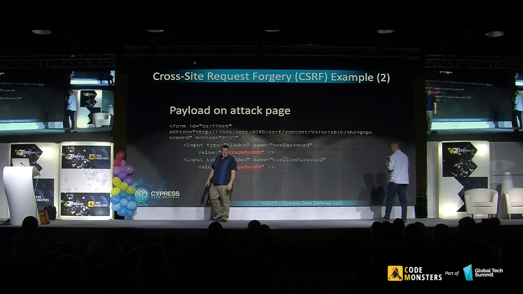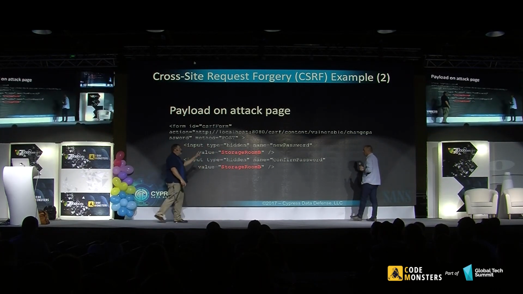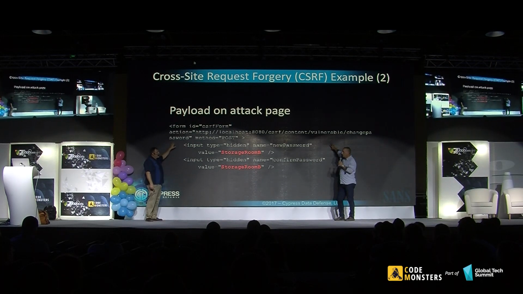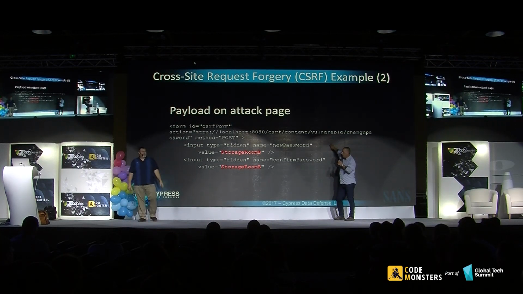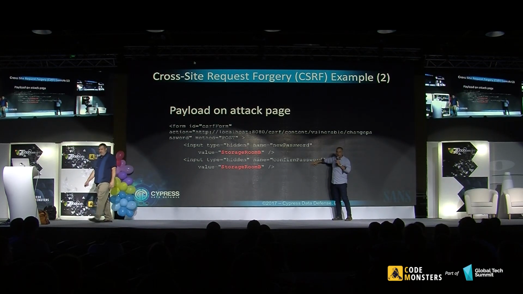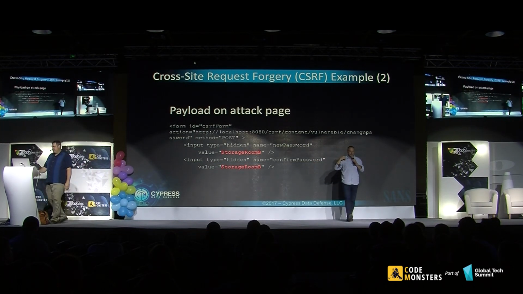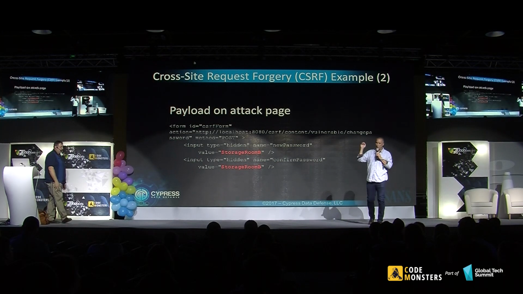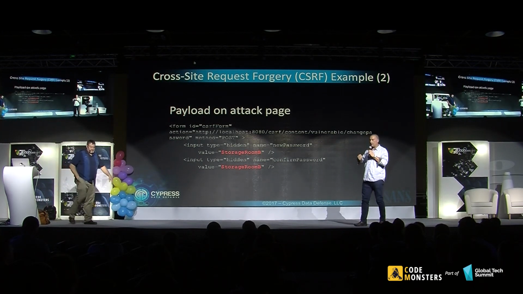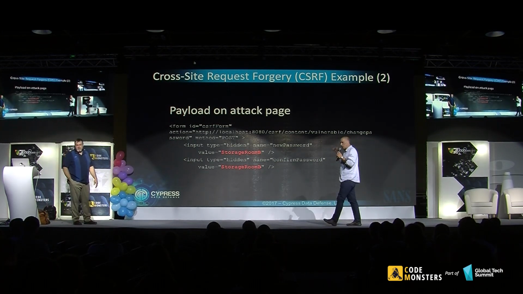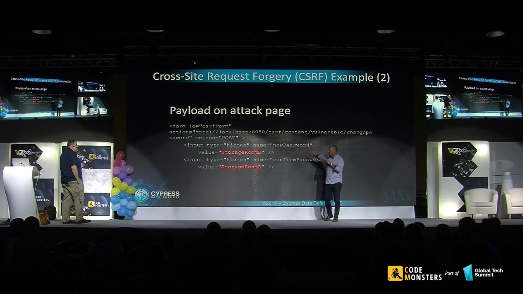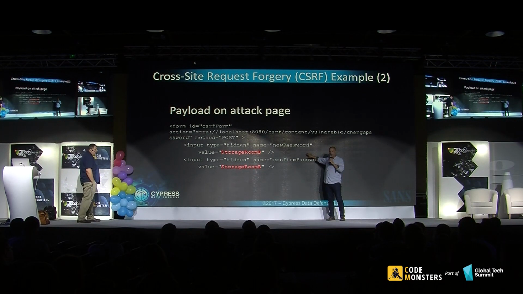Same URL, protocol, port, it does a change password request in this case, and has our two fields. Yeah, you do have to know what a request looks like. But I have an account with my bank. I can use Burp on my bank and identify what every single request looks like. I can find out what it looks like to transfer money. Once I do that, I can embed this request onto any page I control.